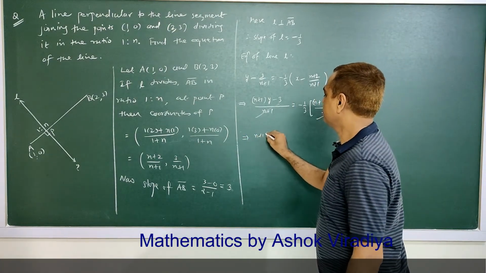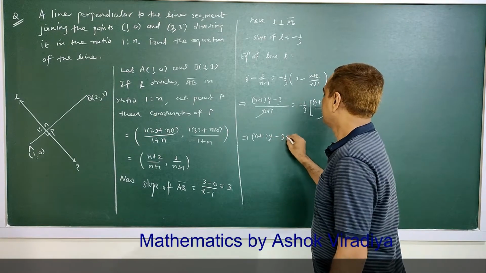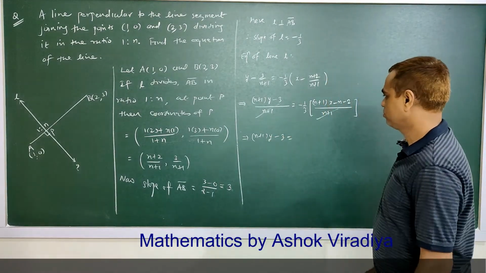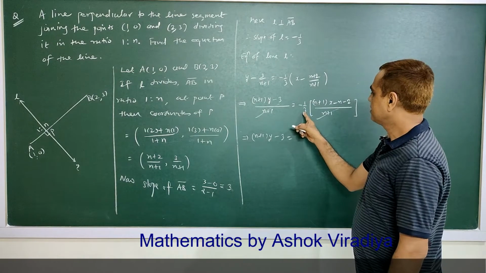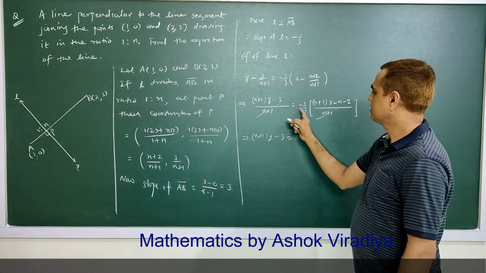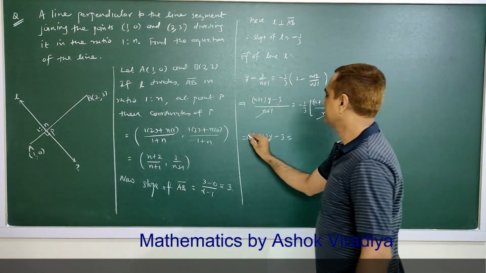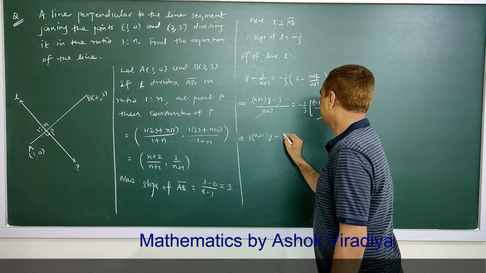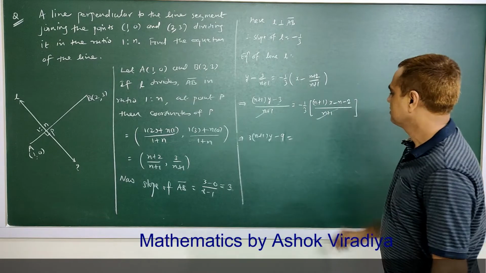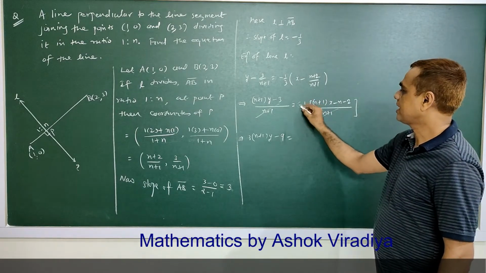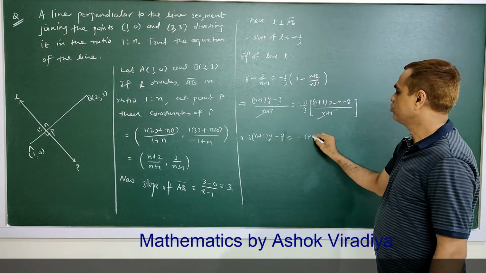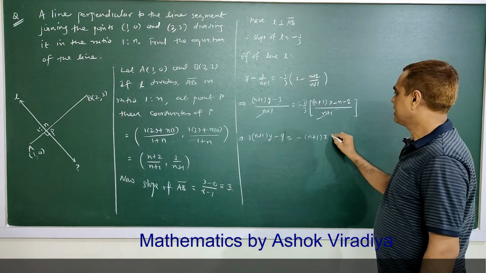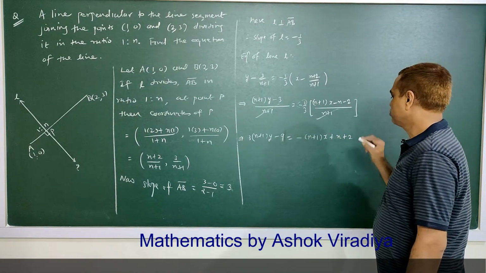So (n plus 1) into (y minus 3) is equal to, this 3 I am taking on this side, multiplying with this number. So I put here 3 and here I keep 9. So this side minus 1 is left. So minus into (n plus 1)x plus n plus 2.